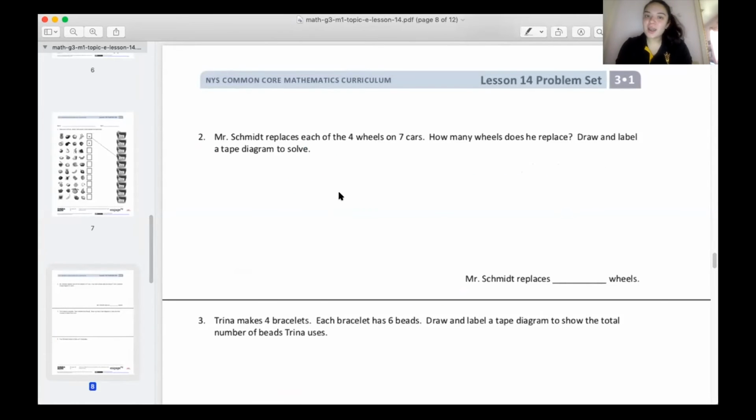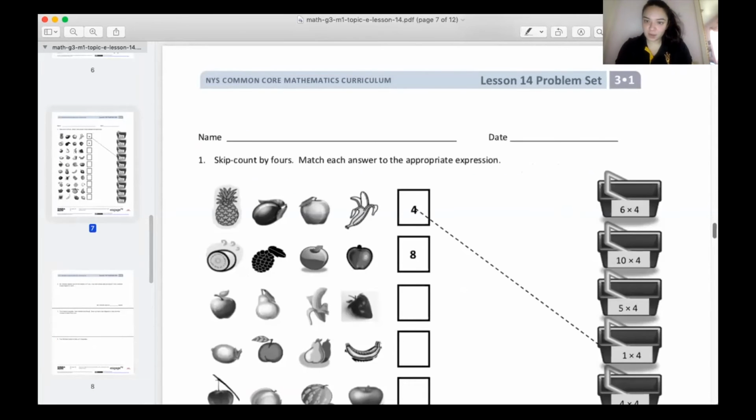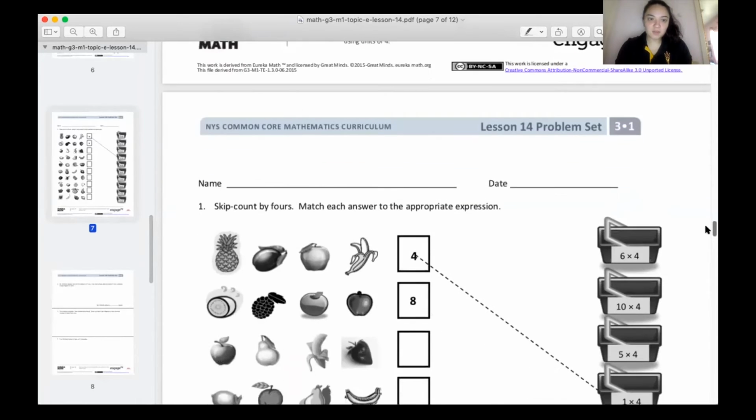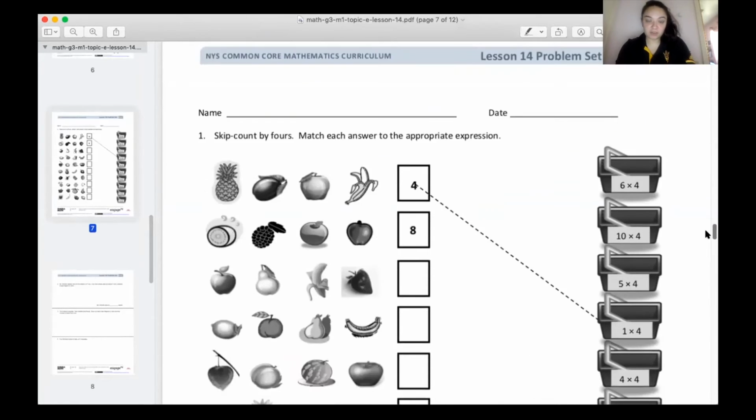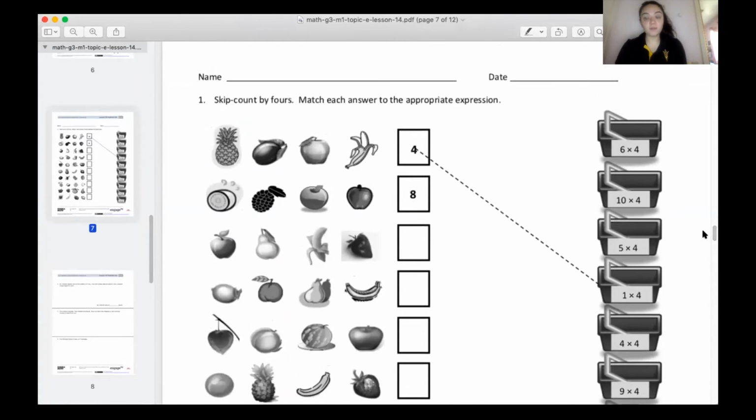Okay, so now I have the problem set up here, and it says skip count by fours and match each answer to the appropriate expressions. That's kind of like what we were just doing, except this time we have pictures.